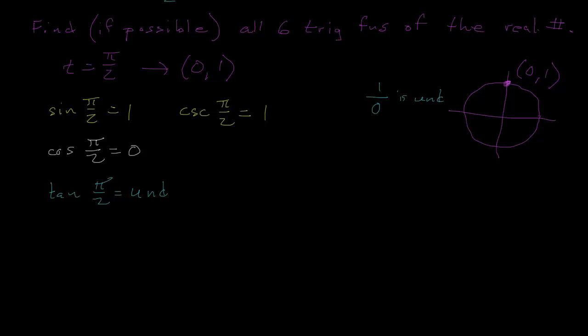The secant of pi/2, well, I have to do a reciprocal of 0, which again is 1 over 0, or find a number that, 0 times something has to equal 1. And there just isn't anything like that. That is undefined.